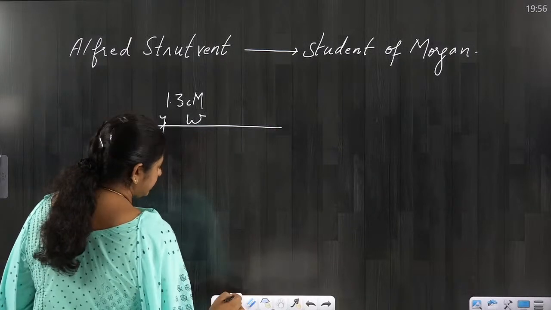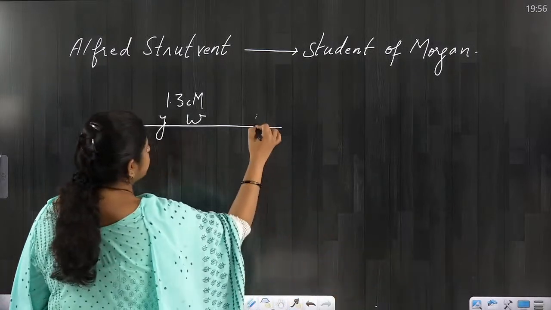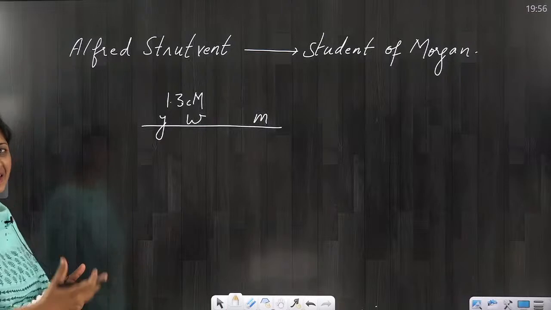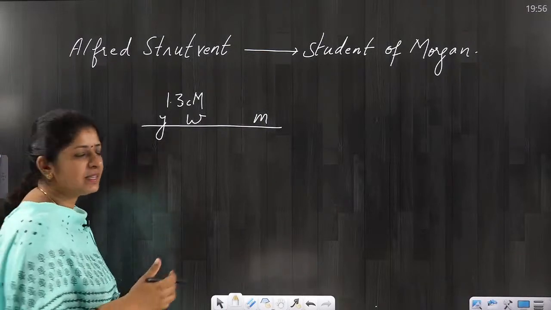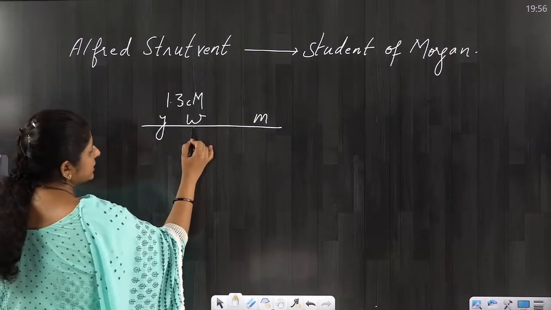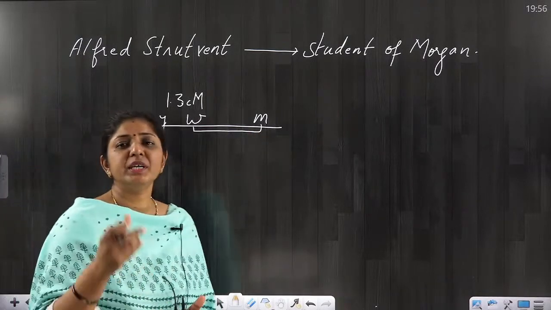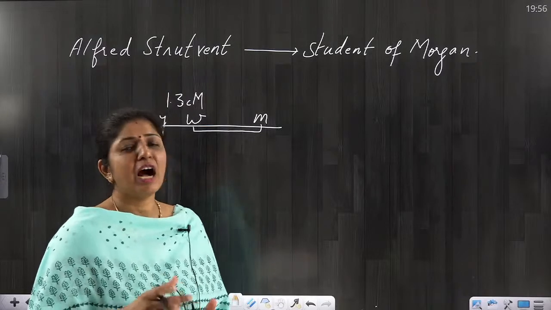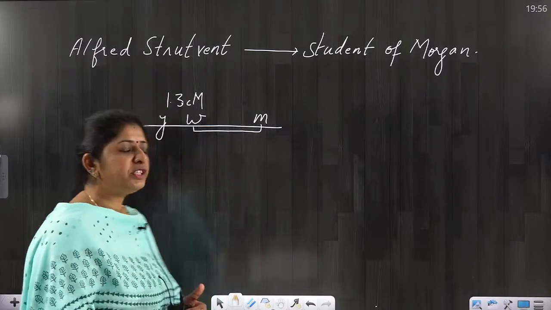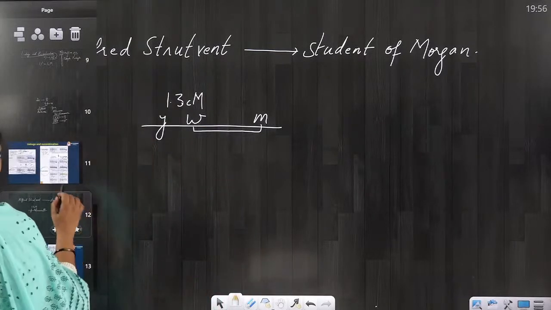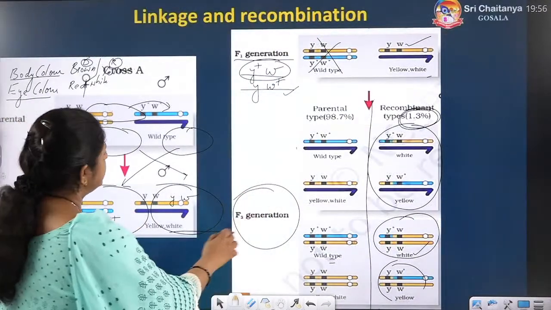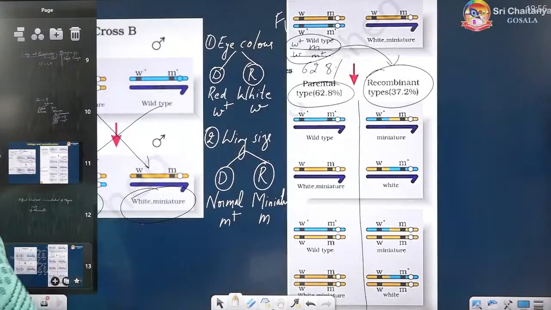I should mention it should be like this, miniature, meaning this is the wing size. Now according to recombination, the distance between these two genes will be given by the percentage of recombination. How much percentage of recombination? Just now we saw it is going to be 37.2%.